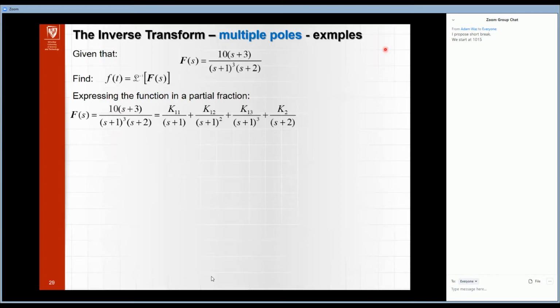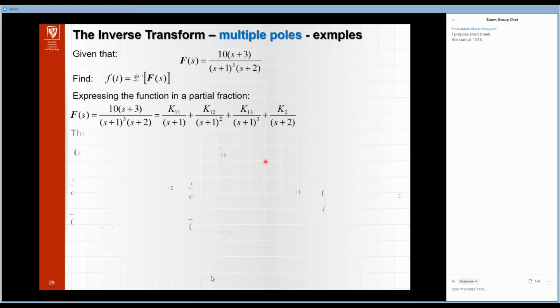Okay, and for example, we have a function like this, and now we can try to find the inverse transformation. So we can express this function in partial fractions. Of course, this is the simple K2, separate because it is not connected with the powers, and this one we have the 3 here, so we have three partial fractions connected with the first, second, and third.